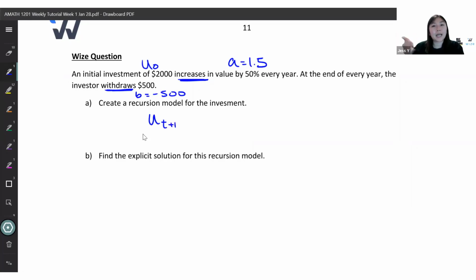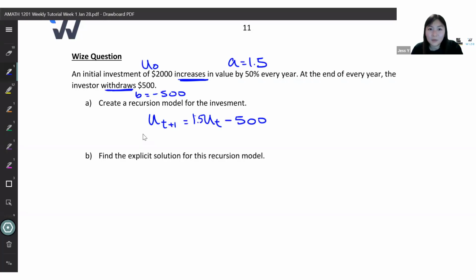How much money am I going to have in this investment account? Well, that's going to be what's in there, the present year, what's currently in the bank account, but it's going to grow by 50%. So it's going to increase by 1.5 times. But then at the end of the year, I'm going to withdraw $500. So subtract 500. That's the recursion model.